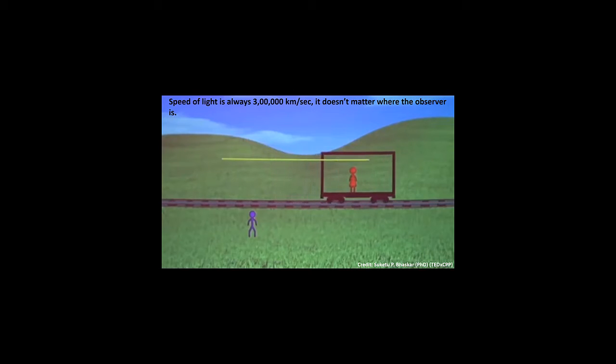The speed of light is the same for Miss Red as well as for Mr. Purple. But, listen, at the same speed, there are two events, right? One event is the flash coming from the back wall, and another event is the flash striking the front wall. The duration between the two events for Miss Red is 1 second, whereas the duration between the same two events for Mr. Purple is more than 1 second.